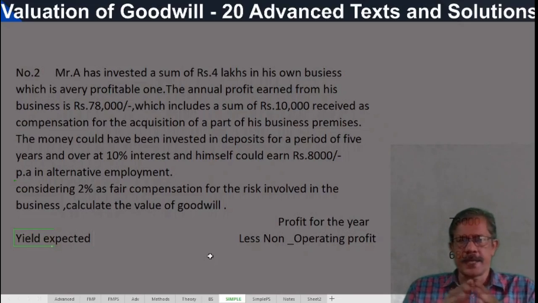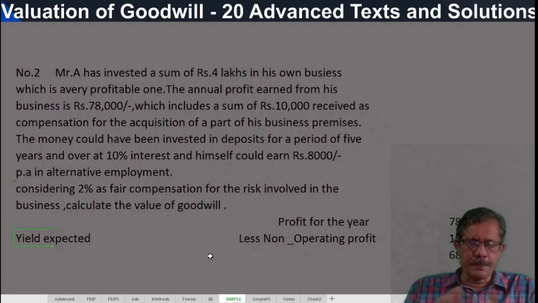Normally this yield is what an average investor expects from his investment. Instead of investing in the business, he could have earned a certain amount as interest. That is pure bank interest, plus a certain percentage as risk return. That may be called yield.